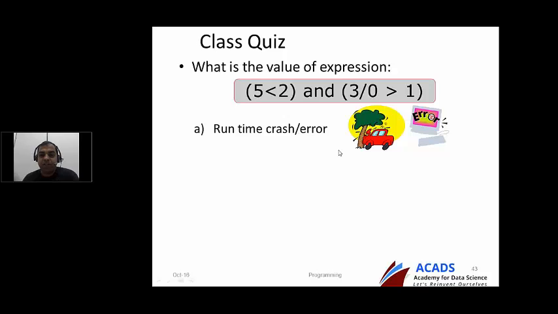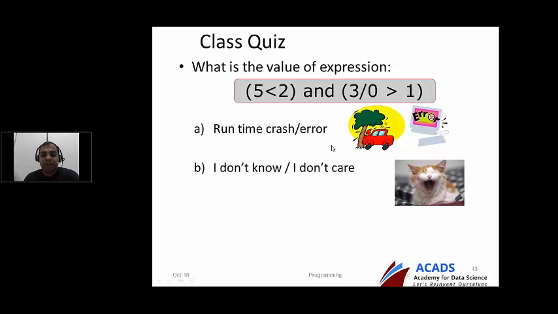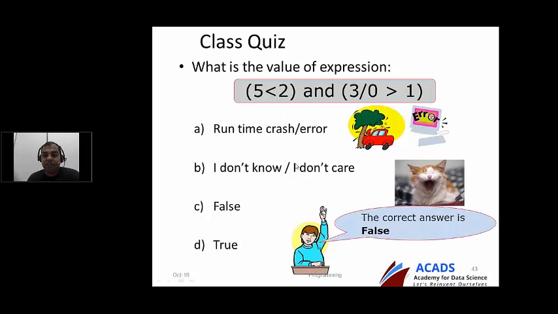However, since there is an AND operator between the two expressions, Python's short circuit semantics say that the first part governs the evaluation of AND. So 5 less than 2 is false, and therefore the answer is also going to be false. Yes, I got quite a few correct answers on the chat window as well.